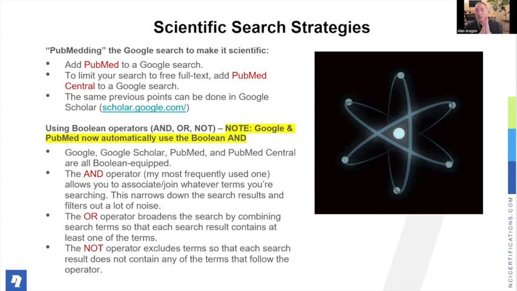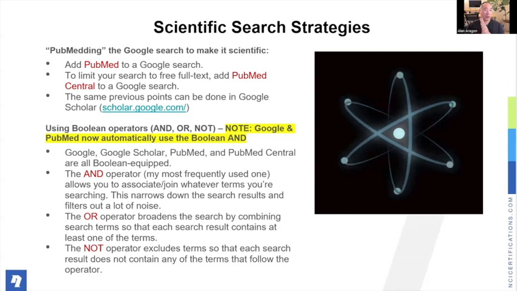Something that I found out pretty recently, and that only occurred within the last few years if I am correct, is that Google searches automatically use the so-called Boolean AND. What the Boolean AND operator does is narrow searches down to terms that are both included in the search. So I'll give you an example.